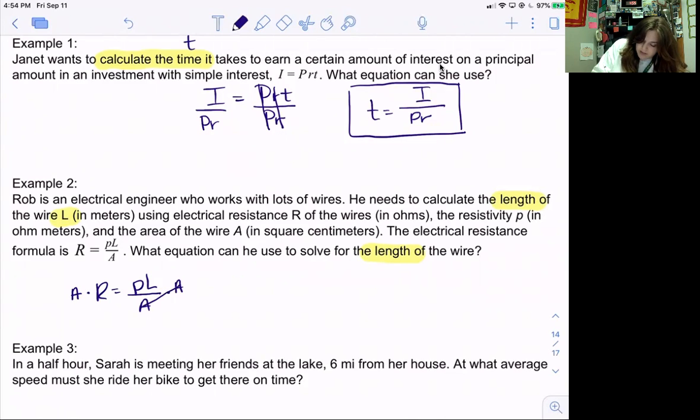So now we have A times R equals PL. Then divide both sides by P, so that way we can get L by itself. So L equals A times R divided by P.